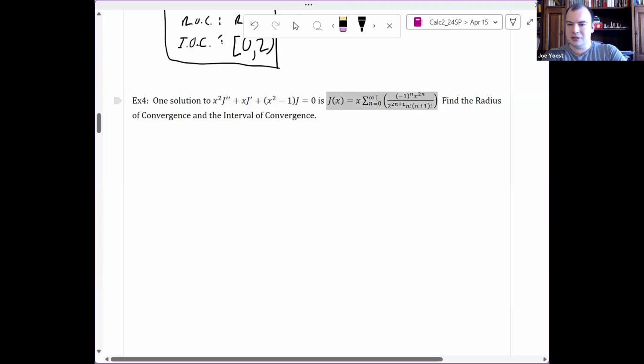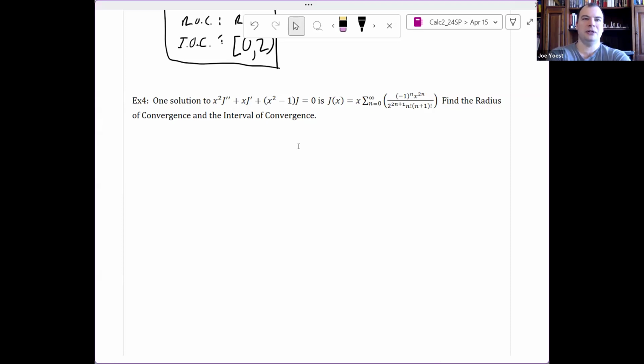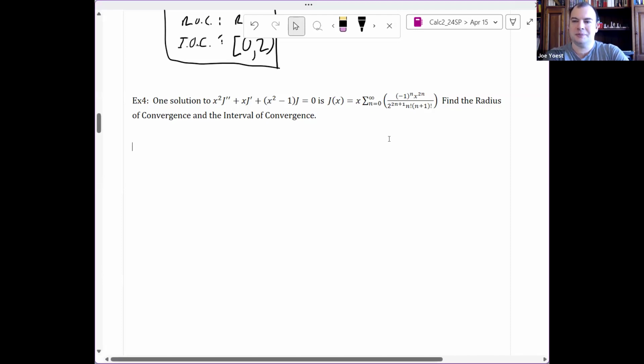So it turns out that this power series is a solution to this differential equation. We're not going to go through and prove that or anything like that, but just to show you where this series comes from. So in a full diffeq class, you would spend some time on power series solutions to differential equations. So that's where you might encounter something like this.